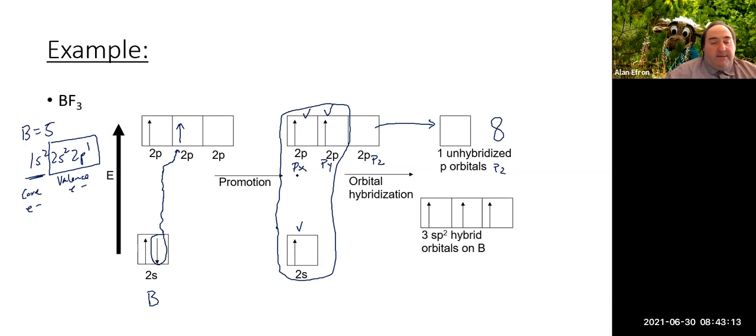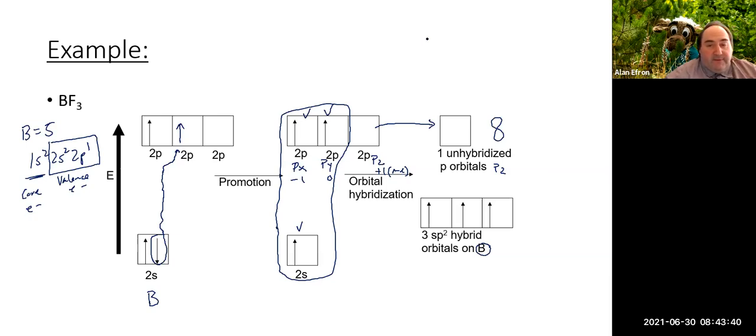This goes with our -1, 0, and +1 for m sub l that we talked about in terms of our quantum numbers. That is our unhybridized pz orbital. It doesn't have an electron in it, so it's not going to be involved in what's going on here. But we now have these three hybrid orbitals available in boron to do some bonding.